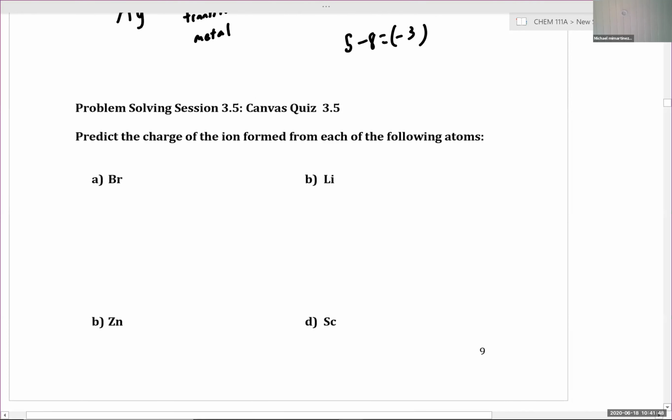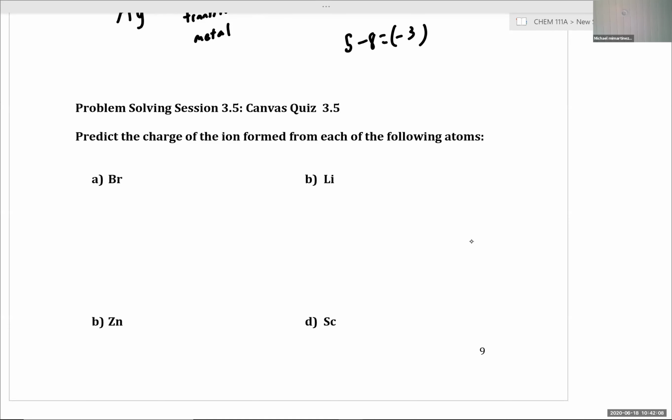Okay, so let's open up Canvas quiz and problem solving session 3.5, and work on the following 4 problems where we try to predict the charge of each ion formed from each of the following atoms.